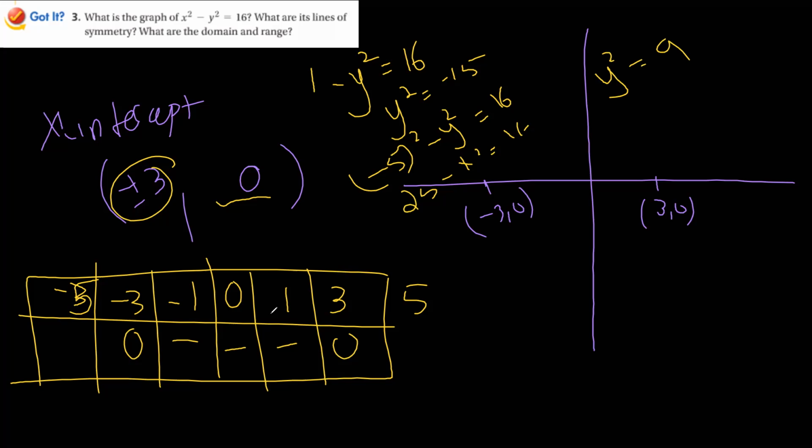Is it 9? Yes, it is. So y will be positive or negative 3. So here we have -3, and here we have positive 3. Is it clear? Just evaluate the x values in the equation to find the y values. Is it clear here? Yes.